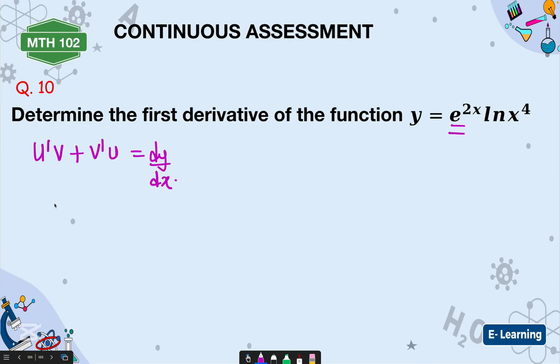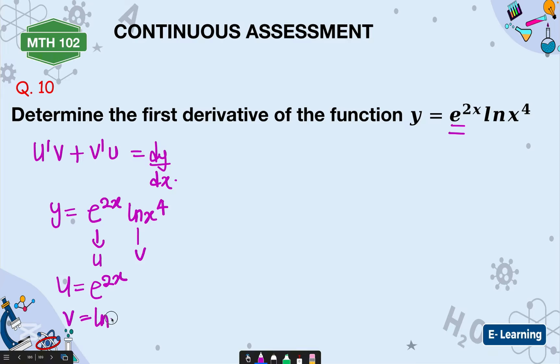So in this question, we have y equals e to the power of 2x natural logarithm of x raised to the power of 4. Now we can say let this one be u and let this be v. So our u is e to the power of 2x and our v is the natural logarithm of x to the power of 4. Take this 4 to the front from the logarithm, which will give us 4 natural logarithm of x.